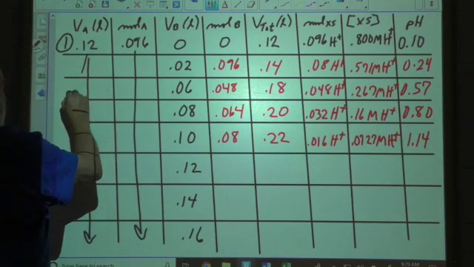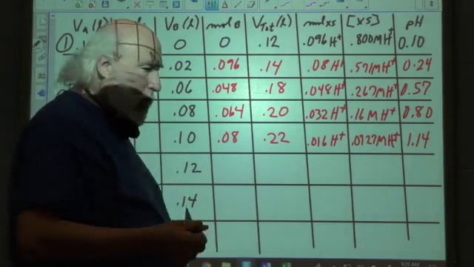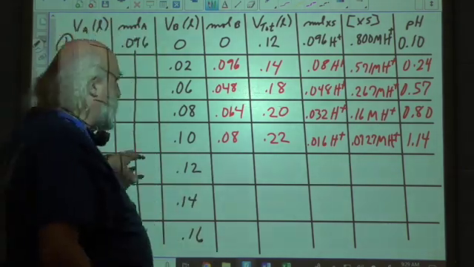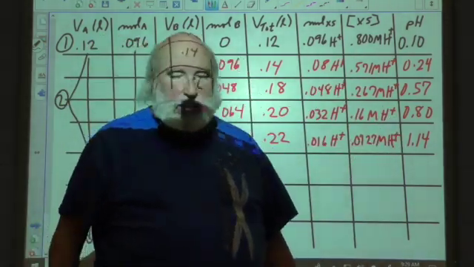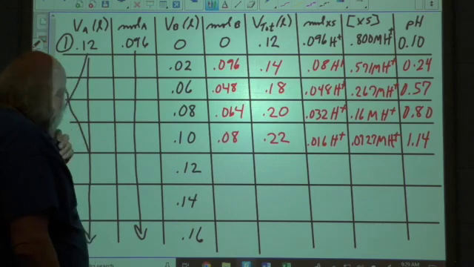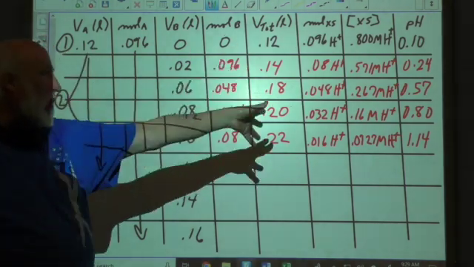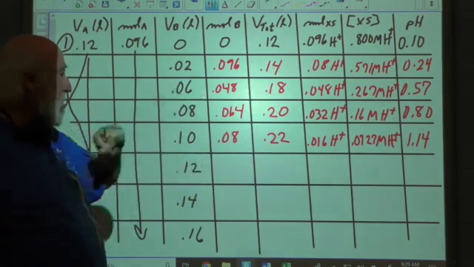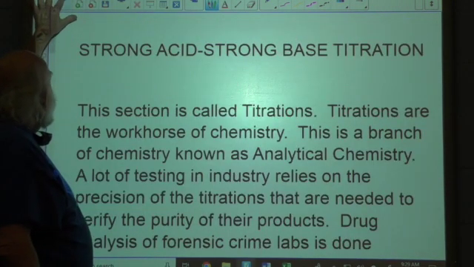These 4 represent the second stage, and that's where there's more acid than there is base. And every time that happens, we get these small increases in pH, but still more acid than base, and that's why we get a pH that is as low as it is. Next, we have 12.